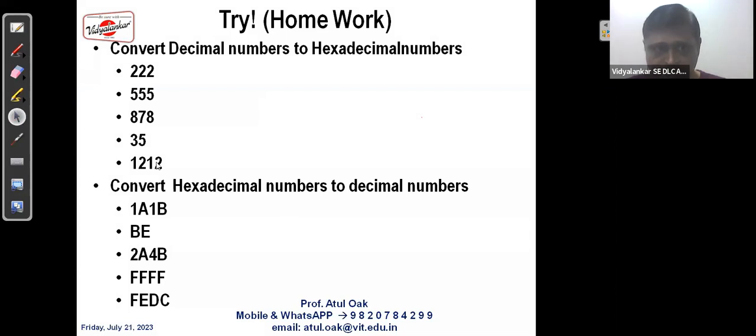There are 5 numbers, and you have to convert hexadecimal to decimal. There are 5 more numbers. Take a pick and complete this homework. I will ask next week whether you have completed or not. So sufficient homework is there for our session 1.